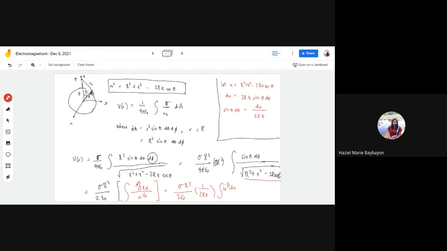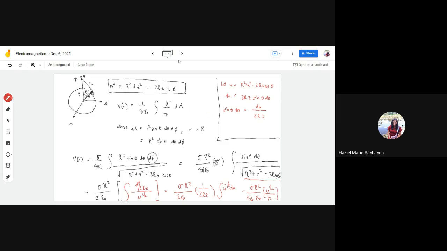So for the integral, we have sigma r squared over 4 epsilon naught rz, and then this is u to the 1 half over 1 half, right? U to the 1 half over 1 half.